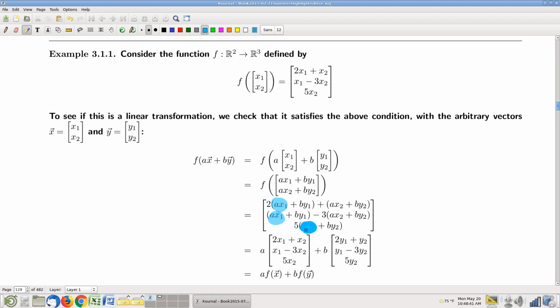Terms that have A's and X's in them, if you just move them all over, factor out the common factor of A, they become that. Just shuffling, right? Likewise, the other terms, take those terms, kind of shove them over to the right, notice the common factor of B, factor that out, and you get this.